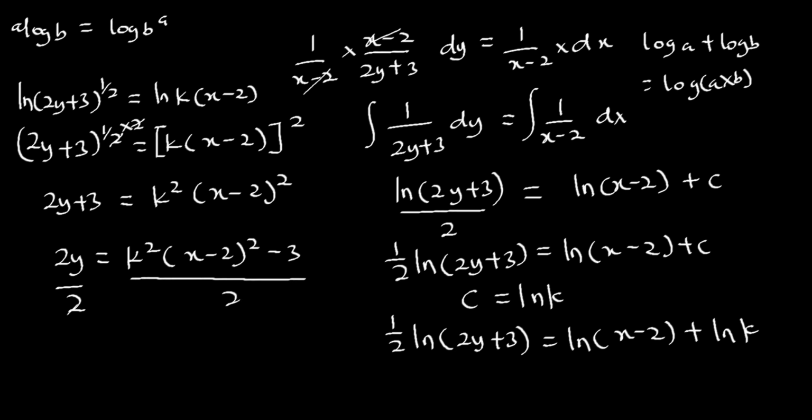So this will cancel out this. And then we are going to have y equals k squared over 2 multiplying (x minus 2) squared minus 3 over 2. So this will be the general solution to this differential equation if you use the method of separation of variables.